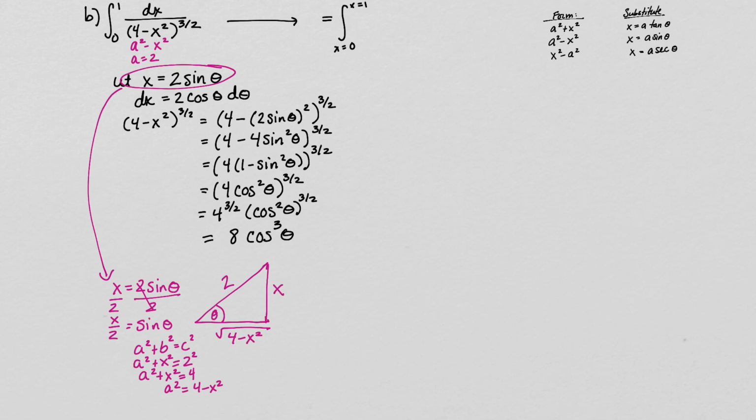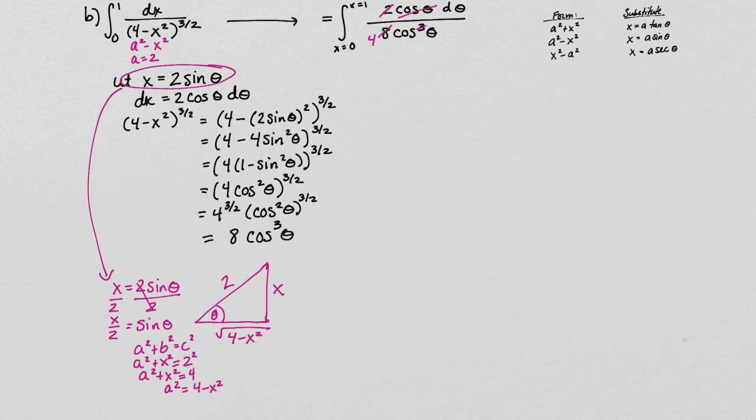Okay, so I know that dx is 2 cosine theta d theta. And we know that the bottom, which was 4 minus x squared to the 3/2, is 8 cosine cubed theta. So my 2 and my 8 would cancel and give me a 4.